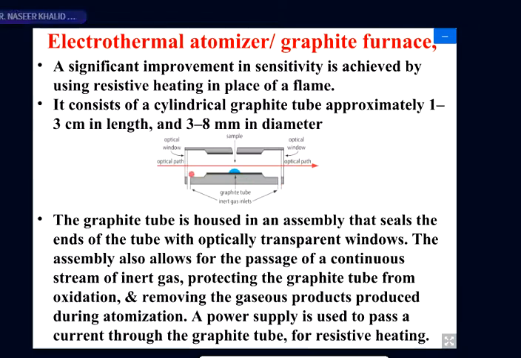This is a cylinder of graphite, approximately 1 to 3 centimeters long, whereas its diameter is variable, 3 to 8 millimeters. Both these ends are open for the optical path length, where the radiation is passing through this graphite tube.